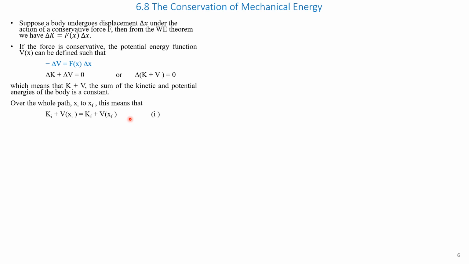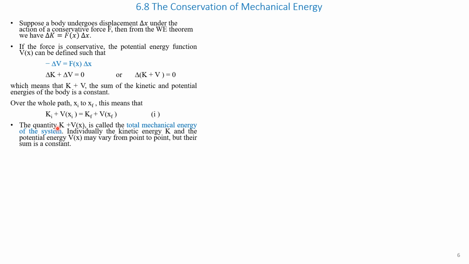This means that Ki plus V of xi equals Kf plus V of xf, where Ki is the kinetic energy at the initial position and V of xi is the potential energy at the initial point, and Kf is the kinetic energy at the final point and V of xf is the potential energy at the final point.